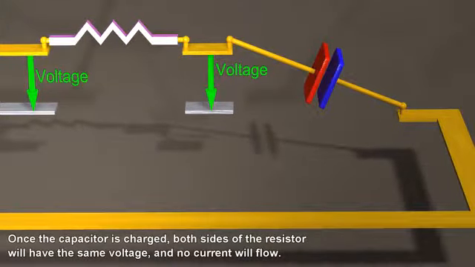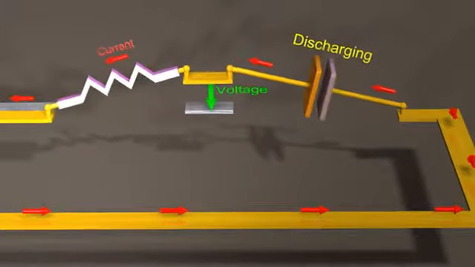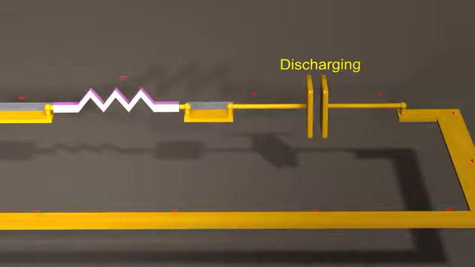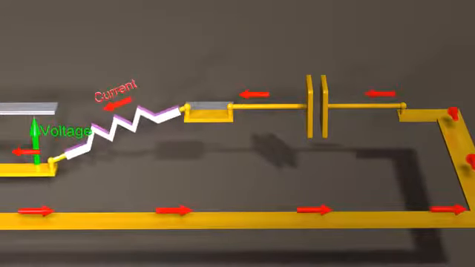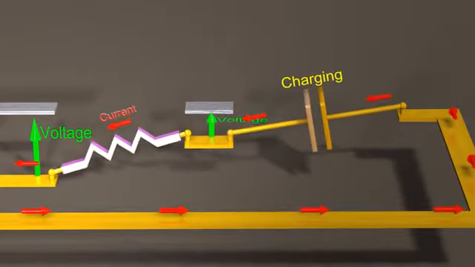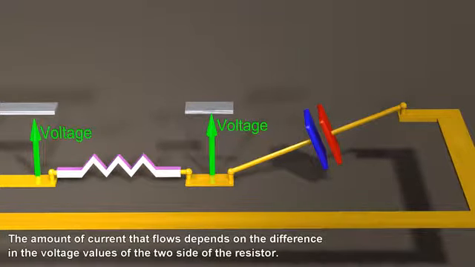Once the capacitor is charged, both sides of the resistor will have the same voltage, and no current will flow. Current flows only if we change the value of the input voltage. The amount of current that flows depends on the difference in the voltage values of the two sides of the resistor.